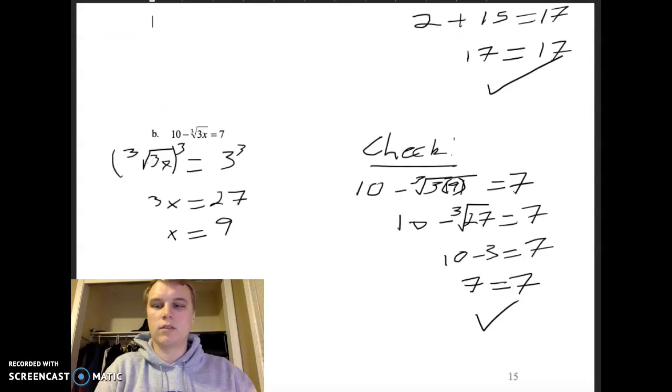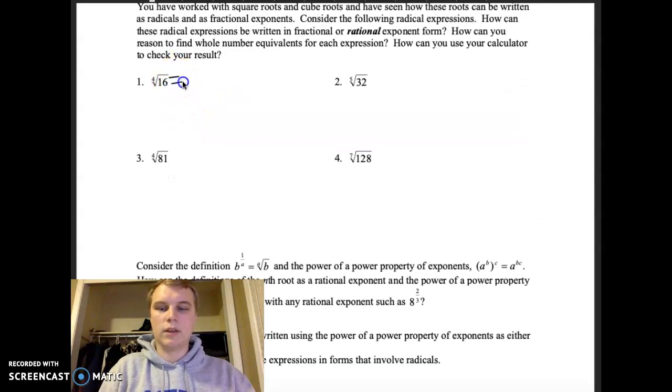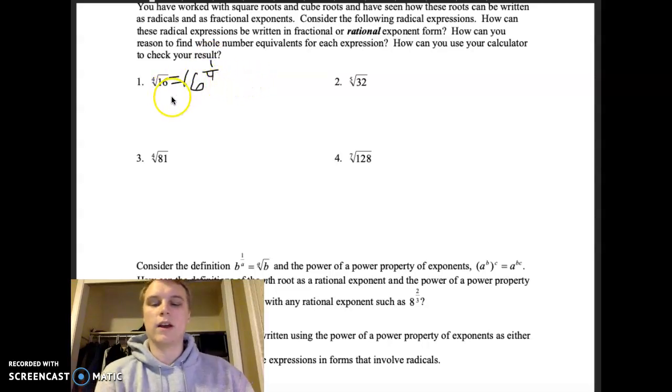So this is going to be 16 to the 1/4. Okay? So when it's a radical 4, it's 1/4 exponent.